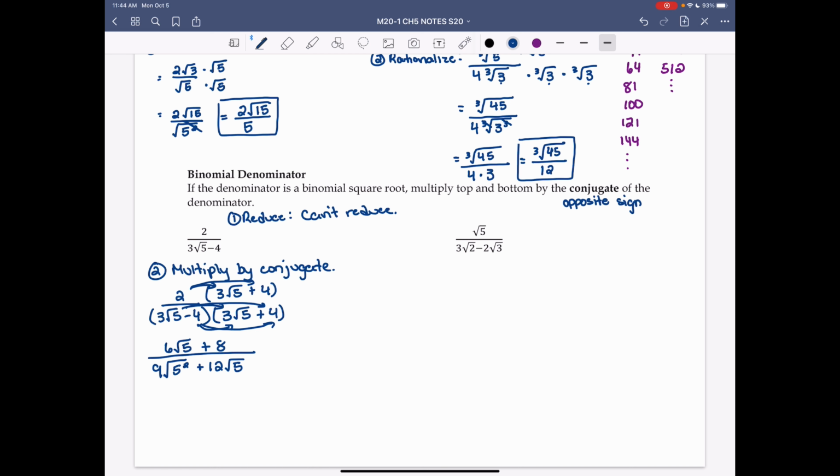Negative 4 times 3 square root 5, negative 12 square root 5. And then negative 4 times 4 is negative 16.